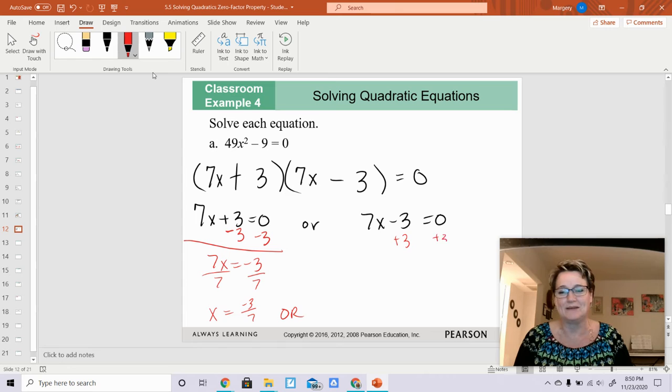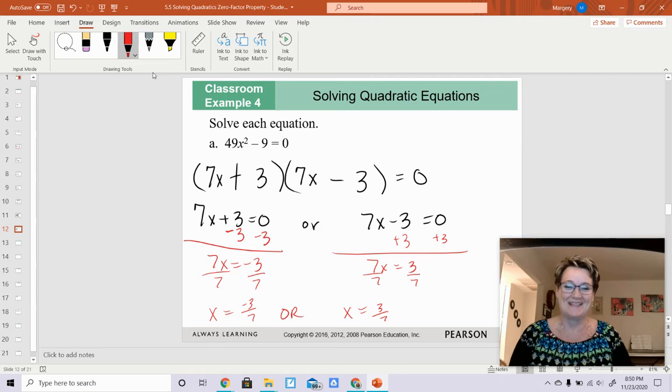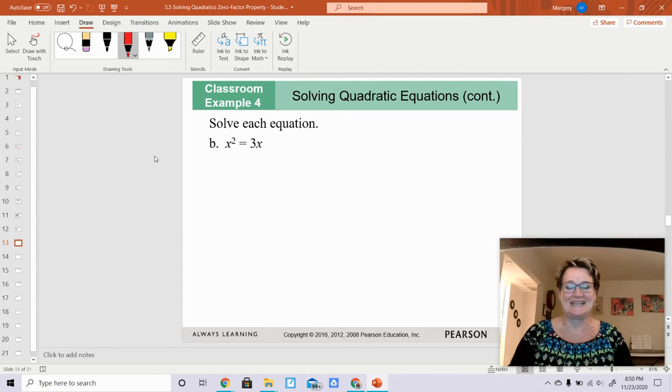I'm going to add 3 to both sides. I get 7x equals 3. Divide both sides by 7. And then I get x equals 3/7. So you have two factors, and those are the two answers. So I factored, I got two parentheses is what I mean, and then I solved for x, and those were my two answers. All right, let's go to the next one.